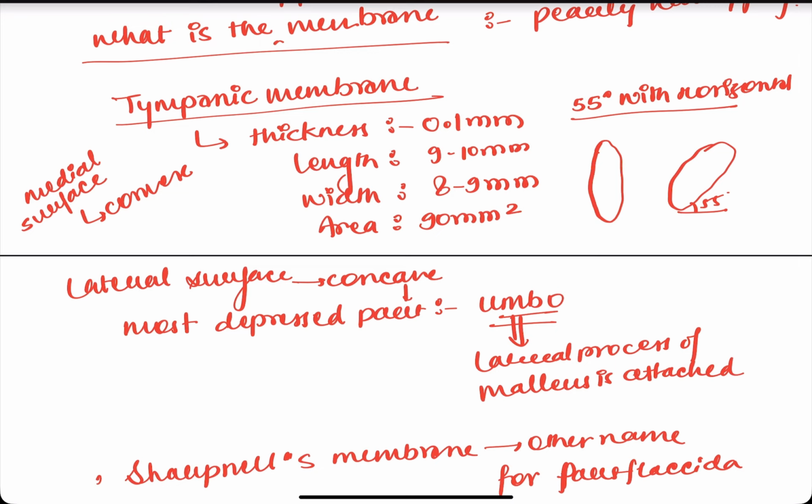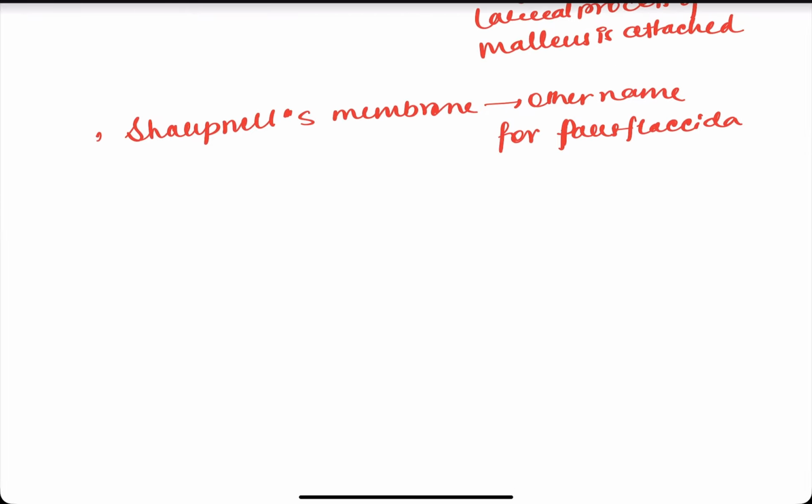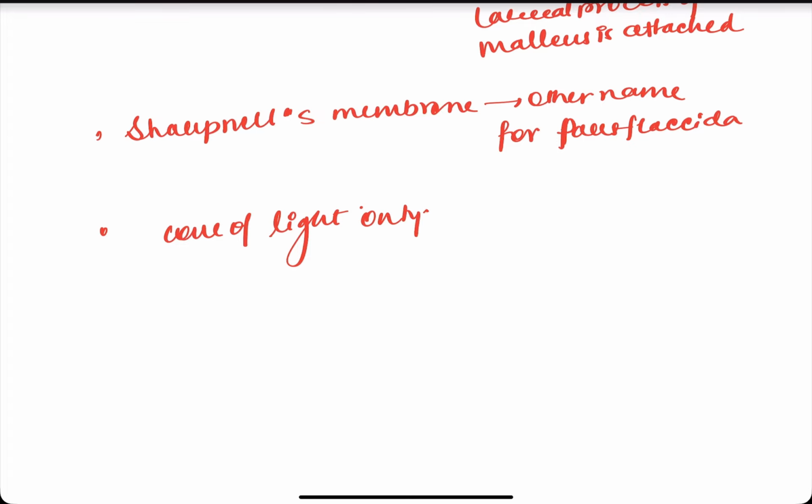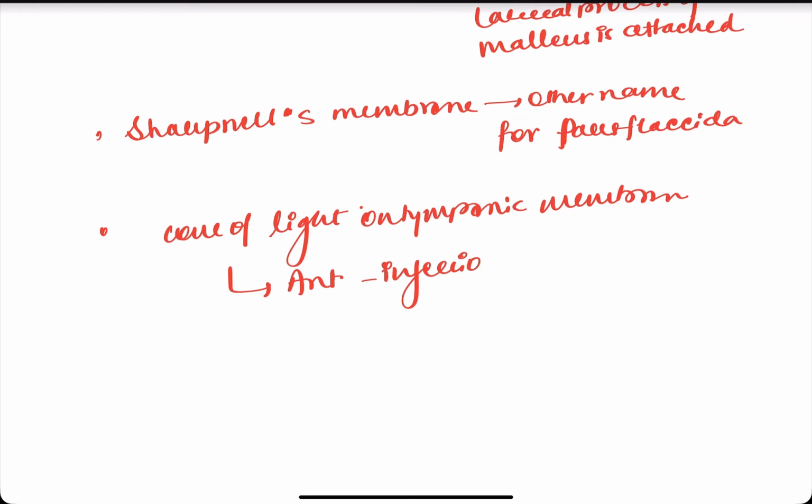During an otoscopic examination, when we see the tympanic membrane, we see a cone of light, and this cone of light on the tympanic membrane is seen in the antero-inferior quadrant.